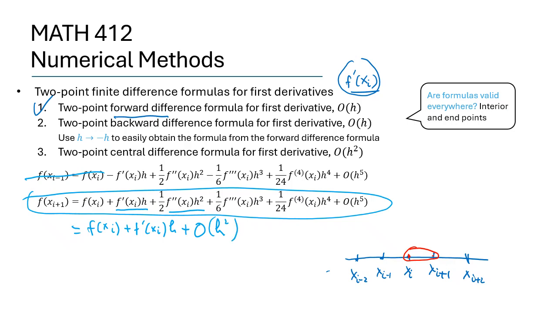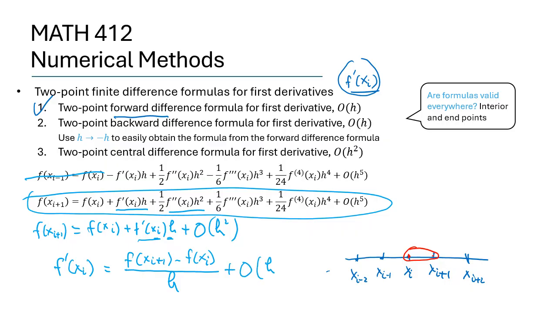From this formula, f of xi plus 1, how do we find f prime at xi? It's f of xi plus 1 minus f of xi, divided by h, and big O of h, because that's h squared divided by 1h; you have 1h left.